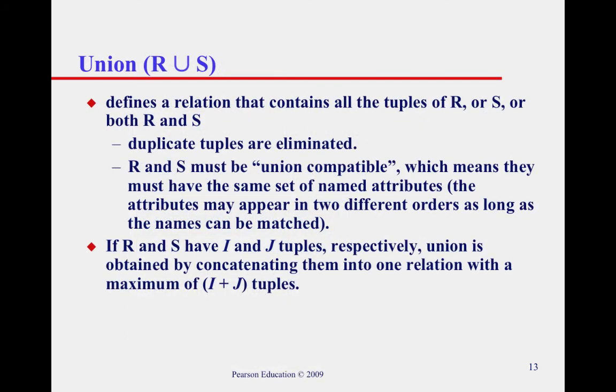Okay, union, pretty obvious, R union S. Remember, they have to be union compatible, meaning that they have to have the exact same set of columns. They actually do not have to have the same column names. They just have to have the same data types. Like if column 1 is a number in both cases, it works.